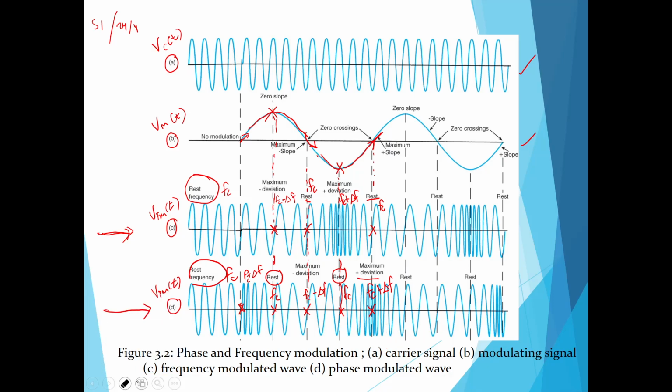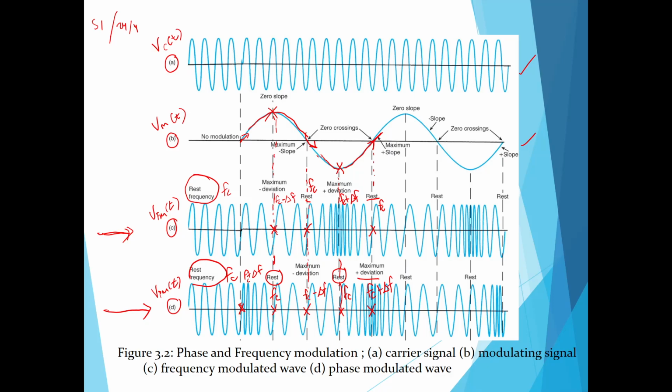Okay, so you see that for phase modulation, critical change happens during zero crossing. Critical change for the carrier happens during the zero crossing, while for the frequency modulation VFMT, critical change happens during the peak amplitude of the input message.